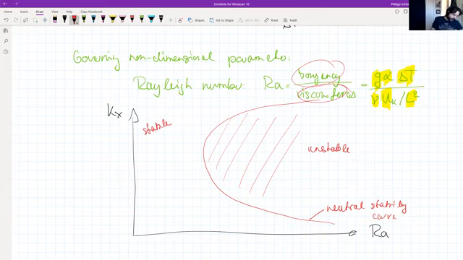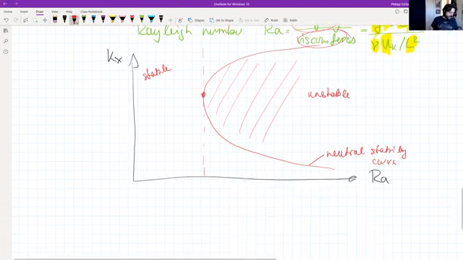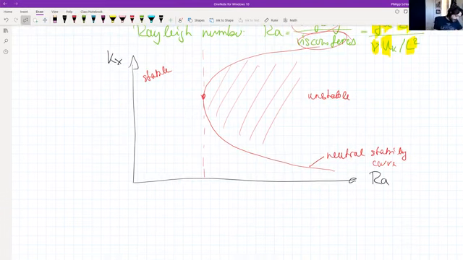Of course, now from this plot, you will see that there is a critical Rayleigh number, namely the point with the lowest Rayleigh number for which you have an instability setting up, or an instability starting.